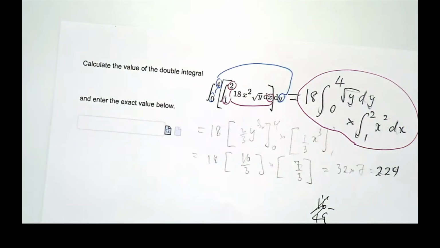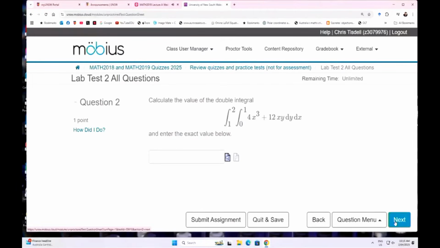All right, another one. Same sort of problem. Now, can I split that one? I can split it up into 2 bits, and then the xy I can split up.